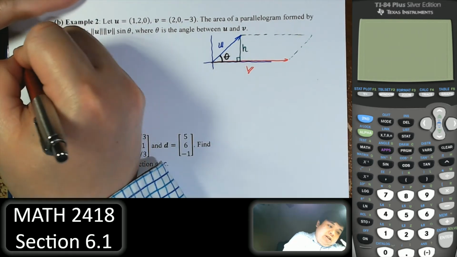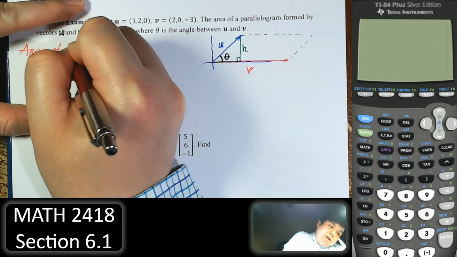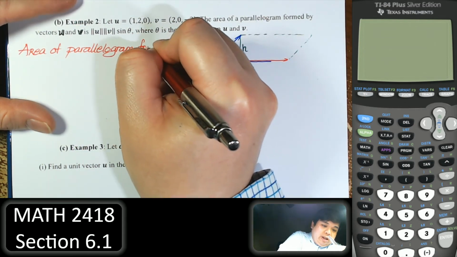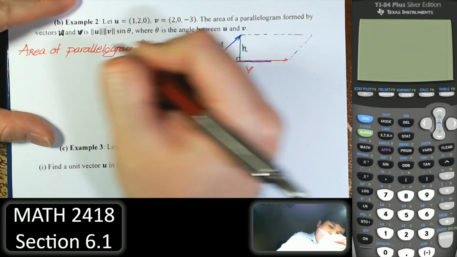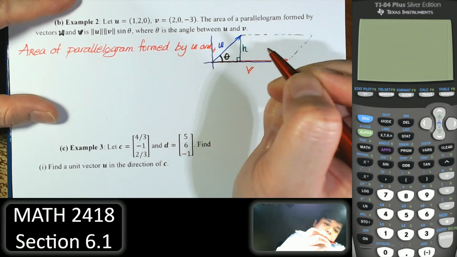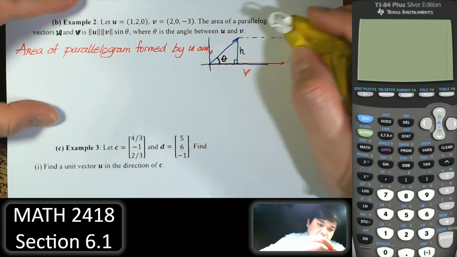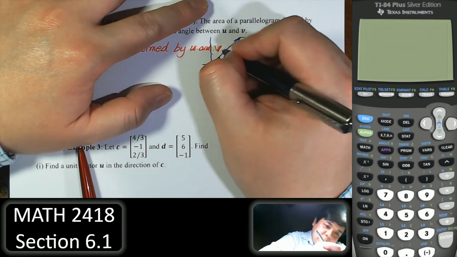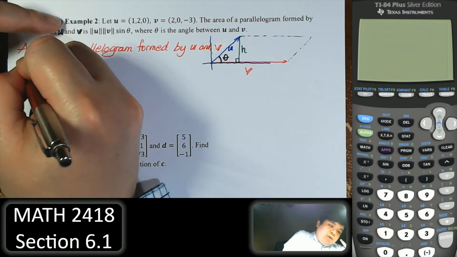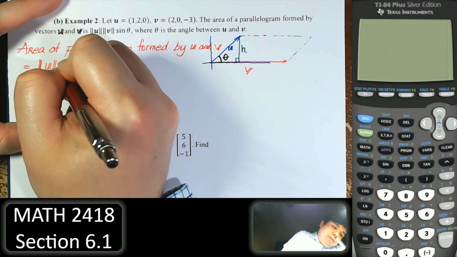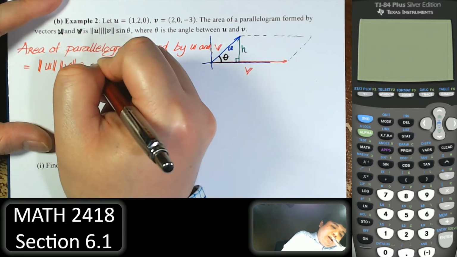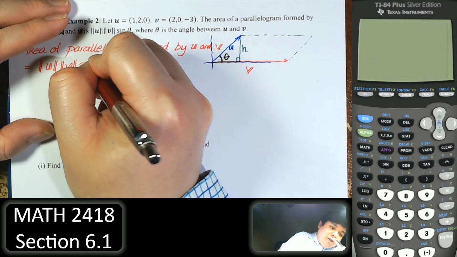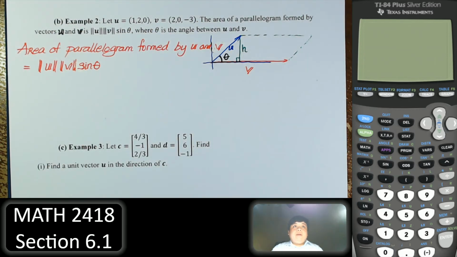So we can say the area of the parallelogram formed by u and v will be equal to, of course, the length of u times the length of v times sine theta, right?